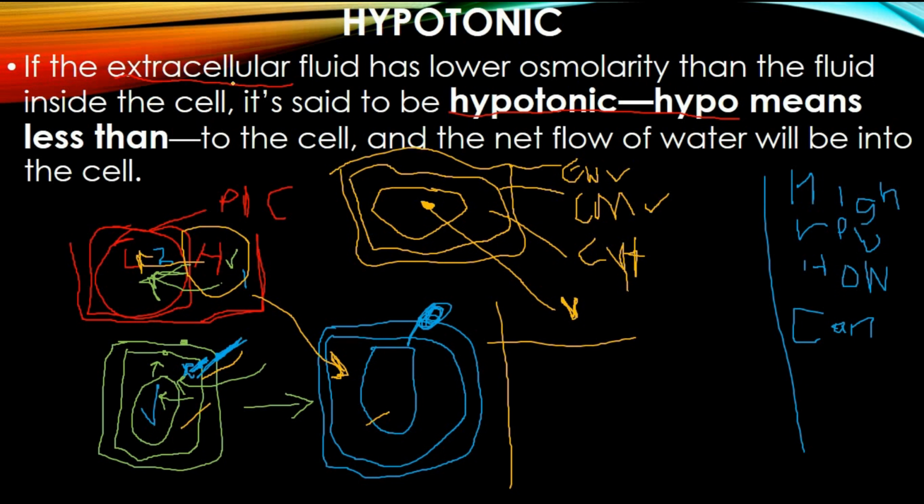As you can see from the beginning, we say that the extracellular fluid has a lower osmolarity than the fluid inside of the cell. It means whatever is outside is more dilute than what is inside. Good. So turgidity is the word we want to use.